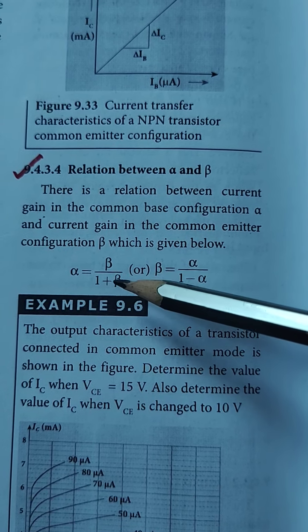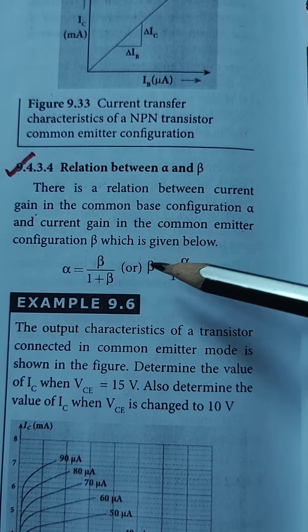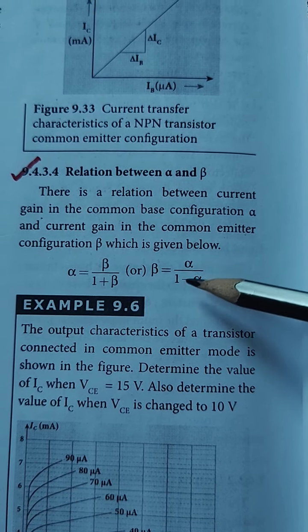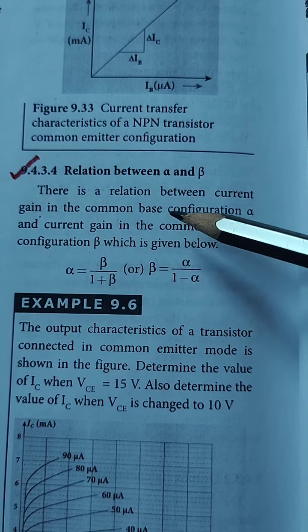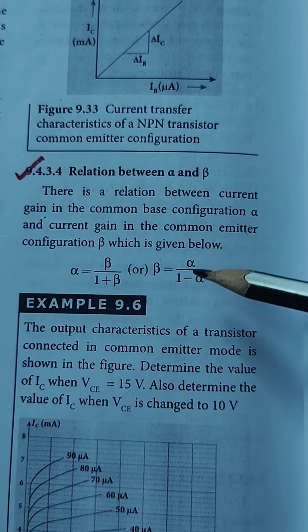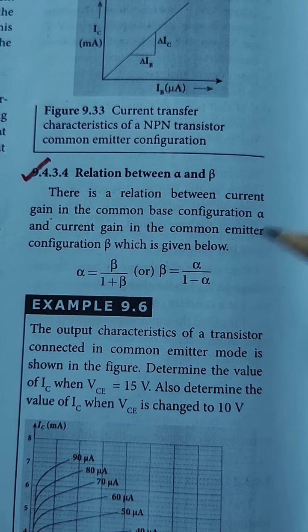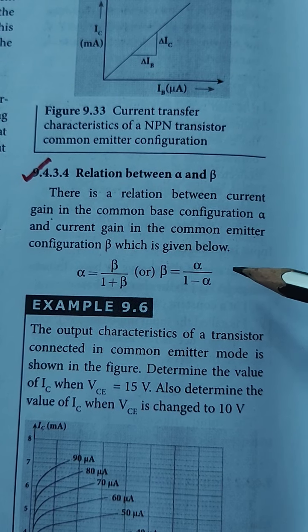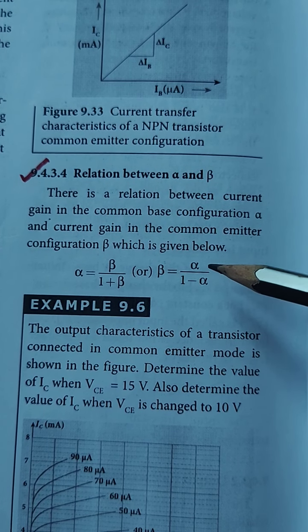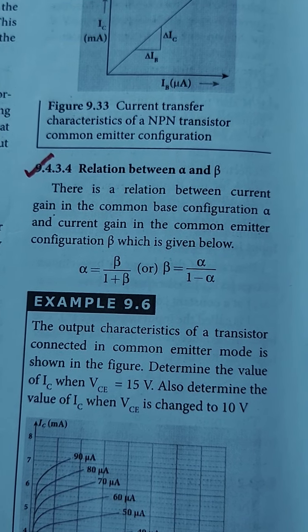So alpha equals beta by 1 plus beta, or beta equals alpha by 1 minus alpha. This relation between alpha and beta is asked in many 2 mark questions and also in applications for some 1 mark questions. This formula is very important, including for board examinations. So keep it in your mind.